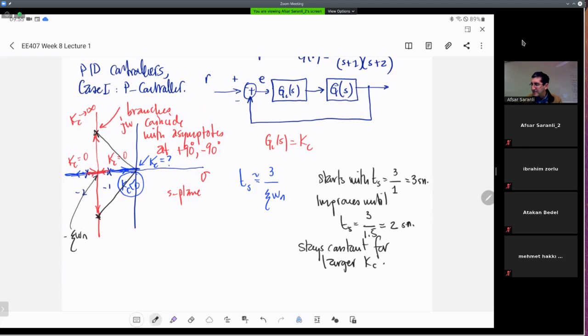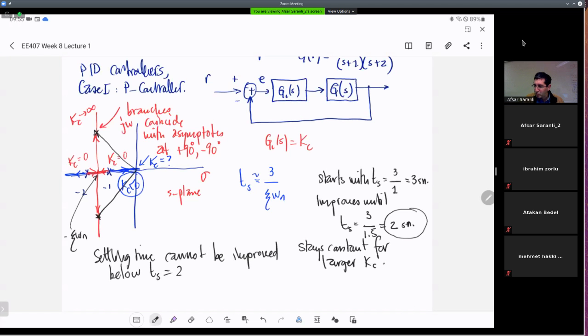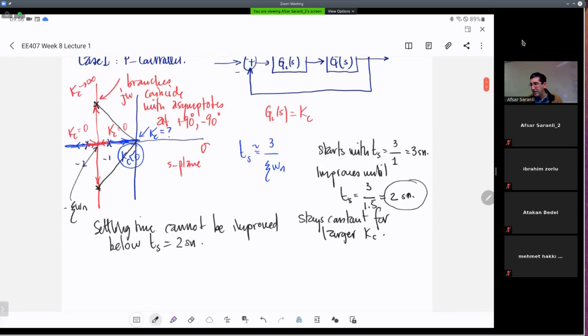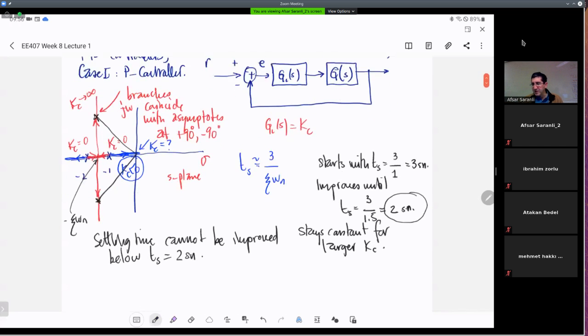So this is the best settling time that can be achieved with this system. So settling time cannot be improved below Ts equals 2 seconds. That is one of our limitations with this system.